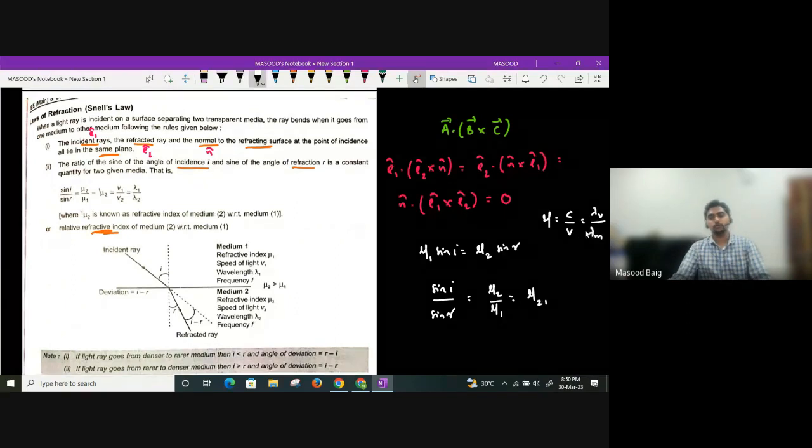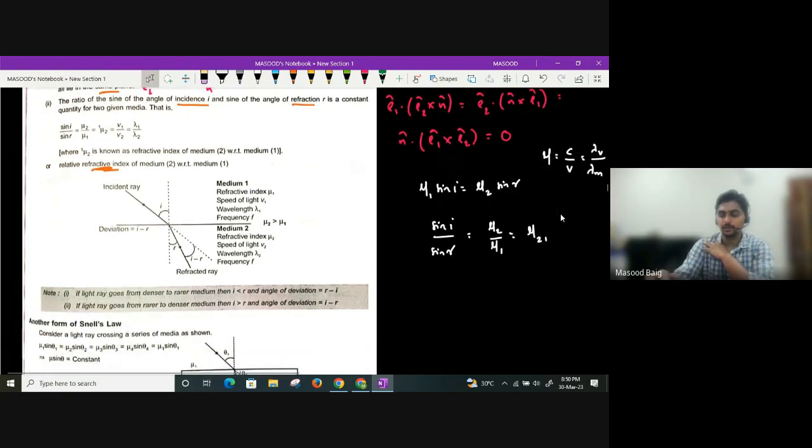If you have more wavelength, you will have less refractive index. If you have less wavelength, you are going to have more refractive index. Is that clear, everyone? Yes or no? Refractive index is the ratio of speed of light in vacuum to the speed of light in medium. I can also write it as wavelength in vacuum to wavelength in medium.